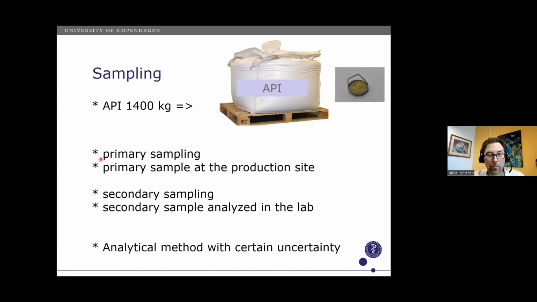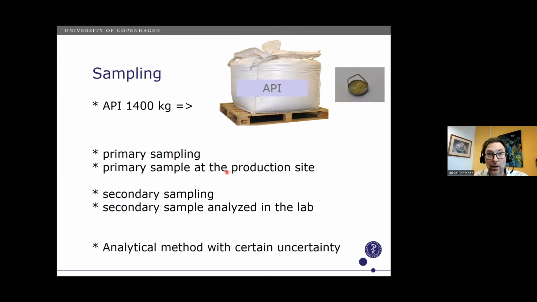You do the primary sampling on the site where you are producing the API or an excipient. So you have to think about what the total size of the material is, and how you would collect a representative sample of that.